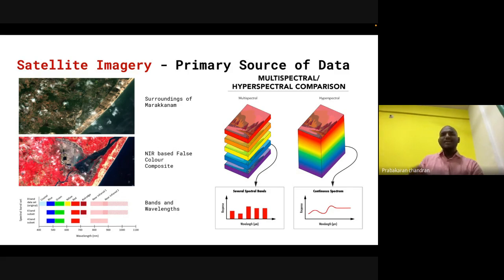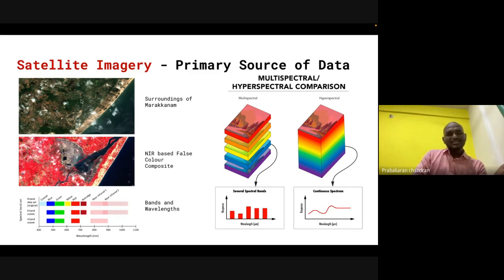The reflected wavelength will be captured through the satellite, and that information is sent out. If you could see, this is the area we captured near Marakanam. The same thing you can try out on Coimbatore or whatever residential area you belong to, right?